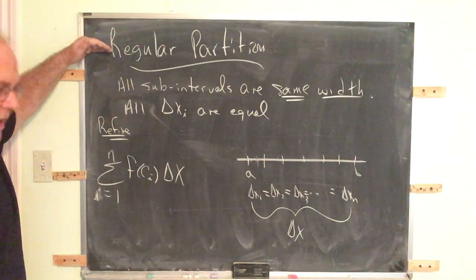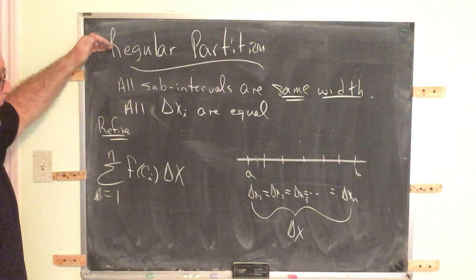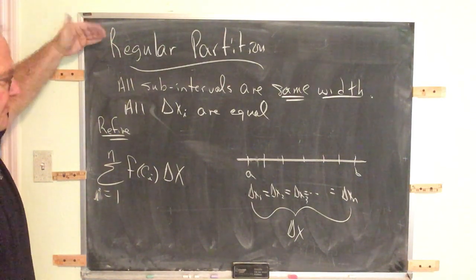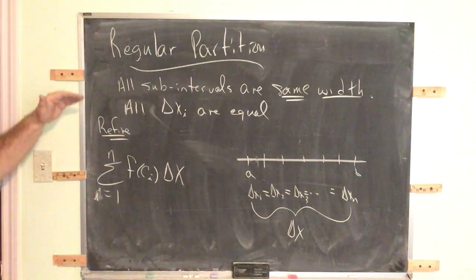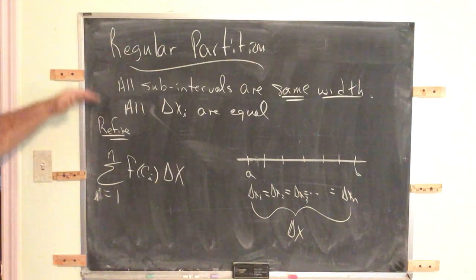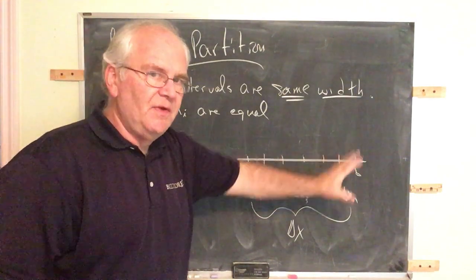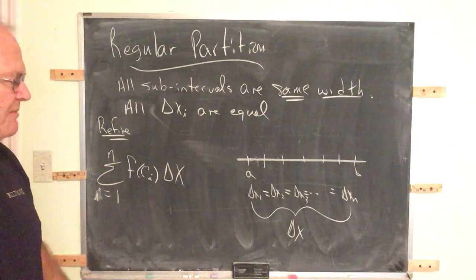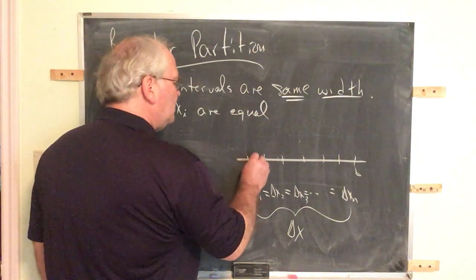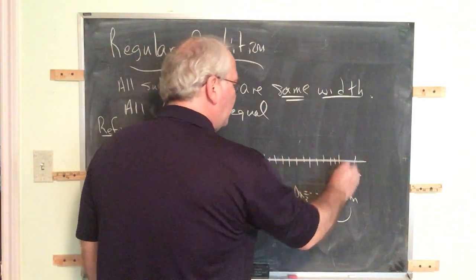If we have a regular partition, then it is assumed, until further notice, for everything we will do, this is the case. Anytime you refine a regular partition, then whatever you end up with must also be a regular partition. That means this. If you cut this one into 3 equal pieces, they must all be cut into 3 equal pieces.